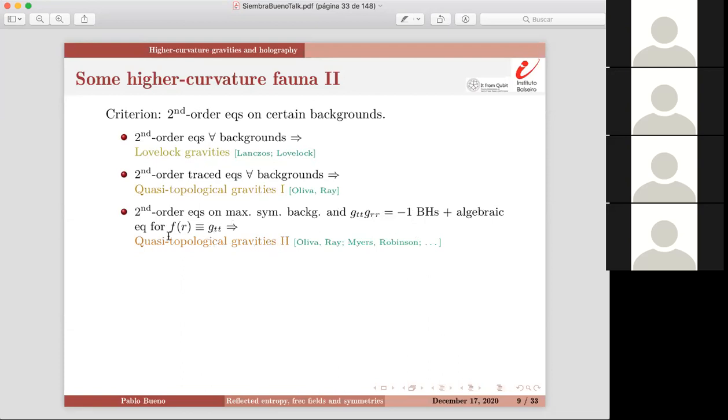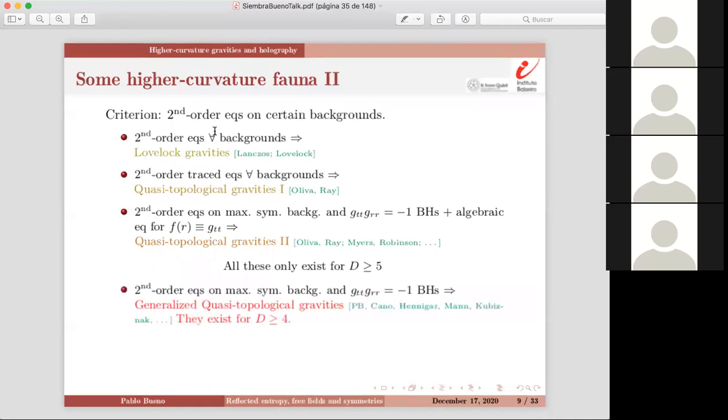That contains the previous cases, and these are what are called quasi-topological gravities more generally, and they contain the other cases as subcases. All these only exist for dimensions higher than or equal to 5.